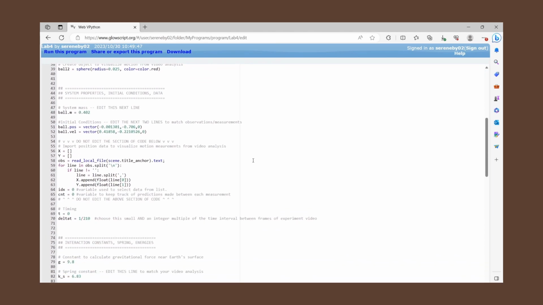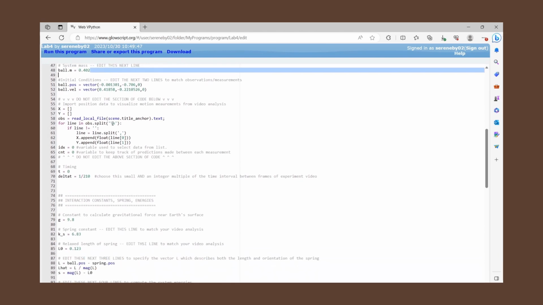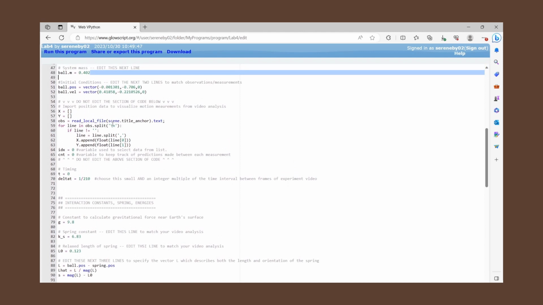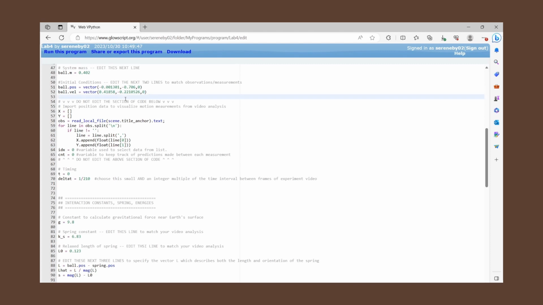Here I've inputted the mass, and I've inputted the initial conditions for the position and the velocity to make it more accurate.